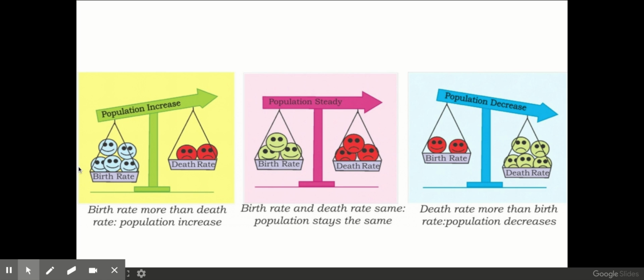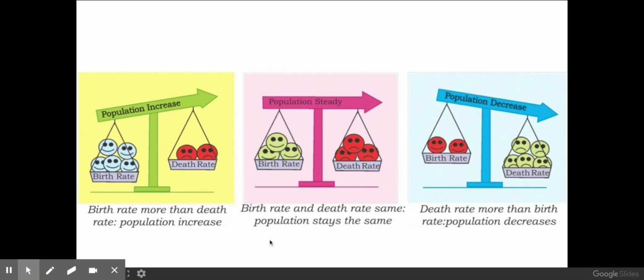So what we see here is a simplistic version of the demographic transition model for the most part. Here we see population increases when birth rates are more than the death rates. So if the birth rates outweigh the death rate, we see a population increase.